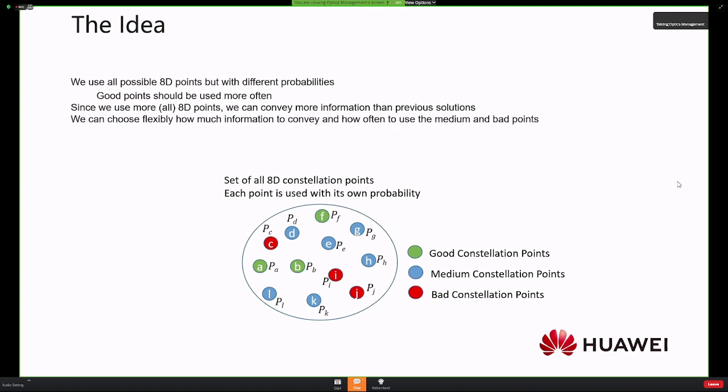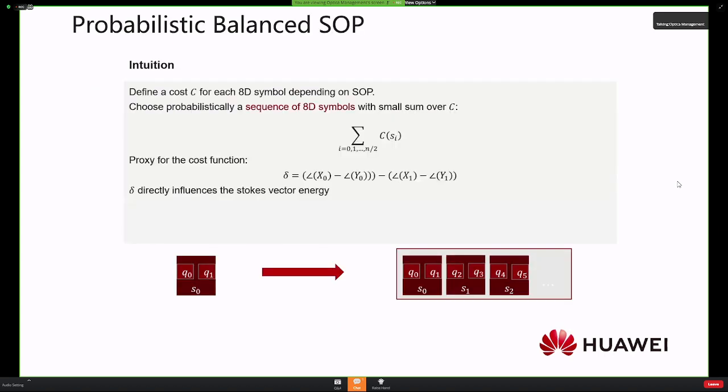Now a question would be, how do we get to those probabilities? For the energy case, it was kind of obvious. What we did there was to define a cost function, and for energy, this cost function led to the Maxwell-Boltzmann distribution for the AWGN case.